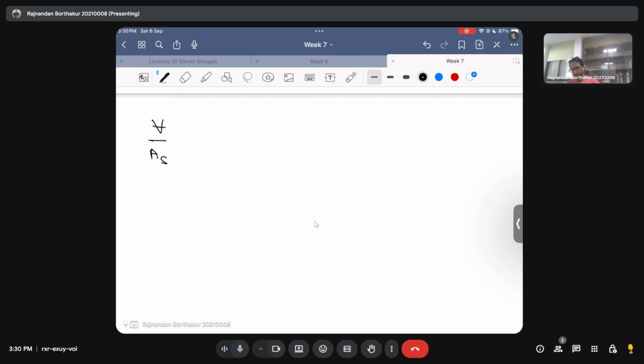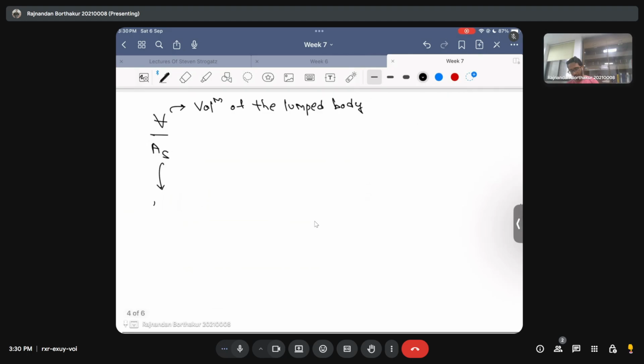Remember, this V is the volume of the lumped body, and this A_s is the surface area through which heat is dissipated.